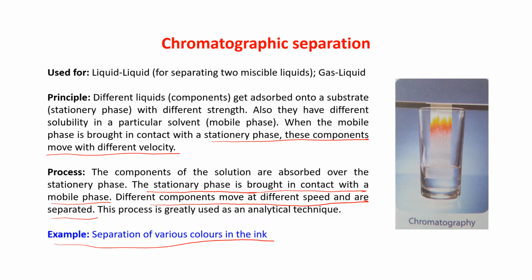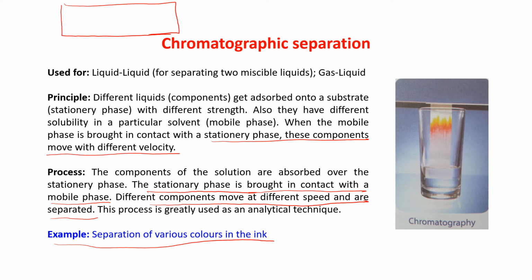For that, what actually happening? Please listen to me carefully. As I told you, in chromatographic separation, there are two phases. One is stationary phase, another is mobile phase. Now, for paper chromatography, let us take the stationary phase as the filter paper. This is your stationary phase.